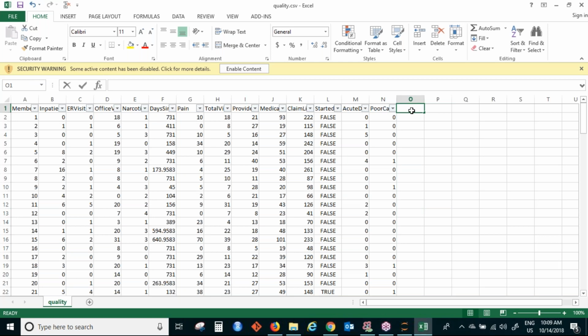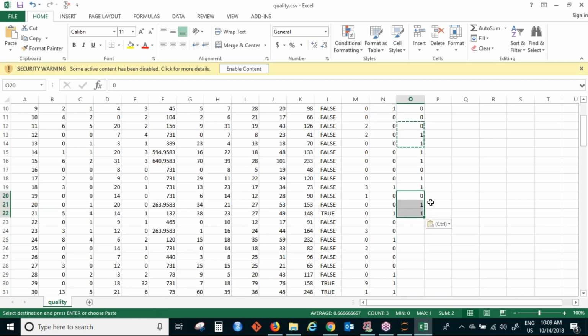So let me predict. Let me just write some predicted values, some ones and zeros here.